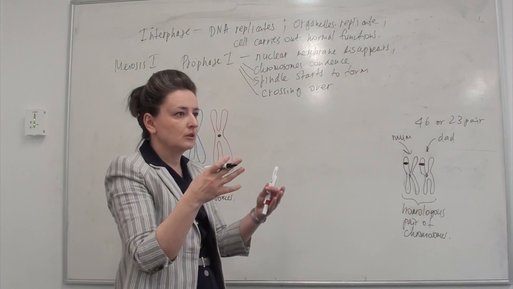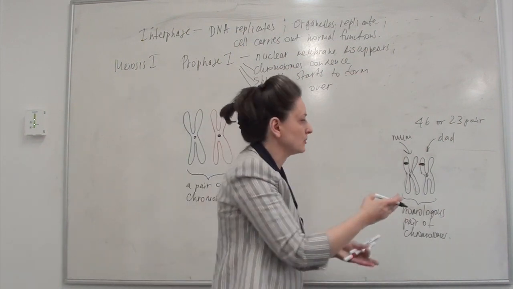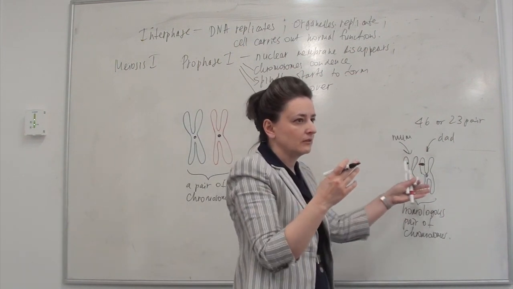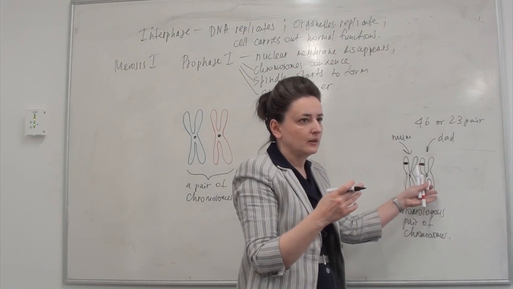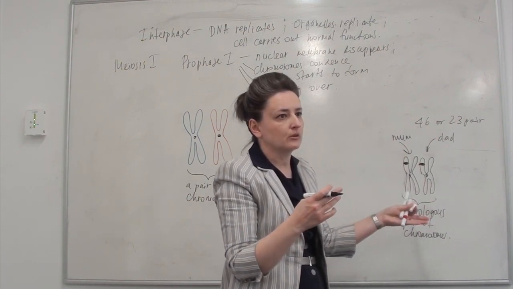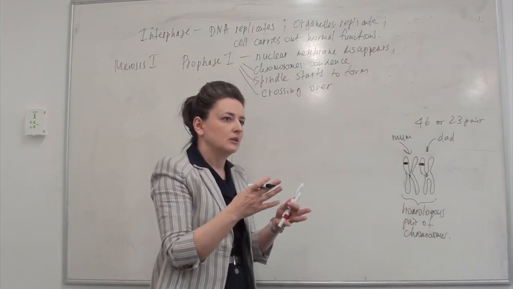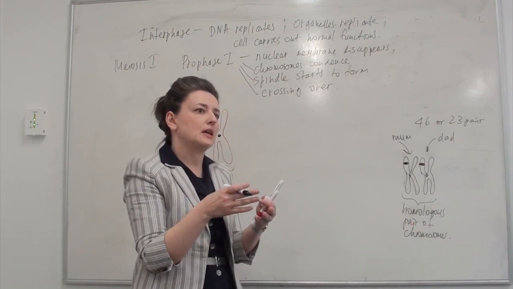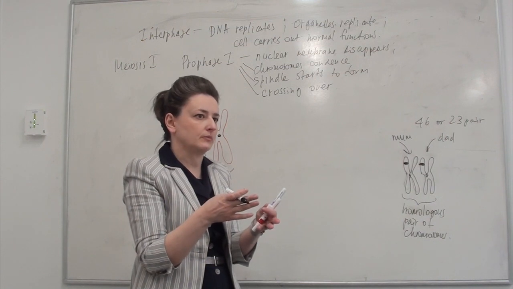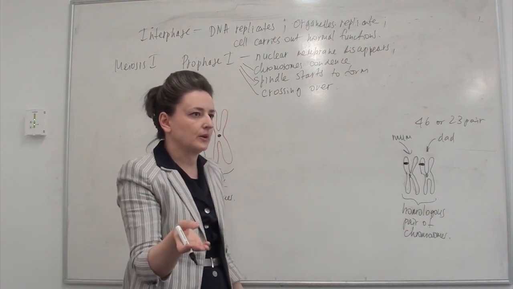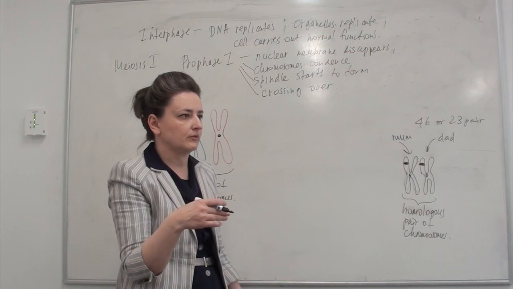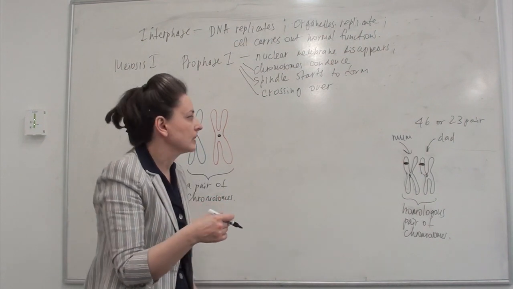But the actual code might be different. So this one might be saying big ear, this one might be saying little ear. But they are both coding for the ear shape, nevertheless, right? So homologous chromosomes code for the same set of features. If you have a different pair of chromosomes, they might be coding for something else.